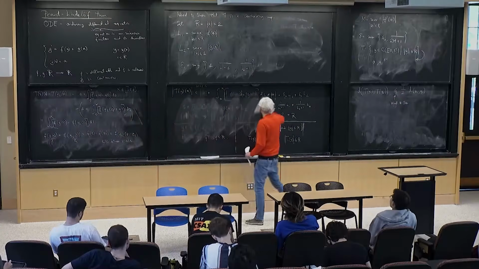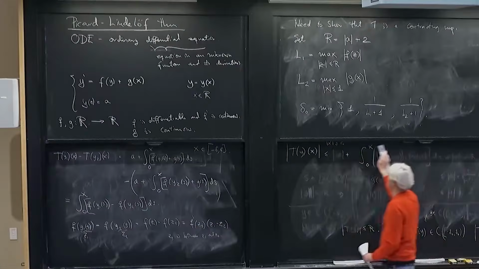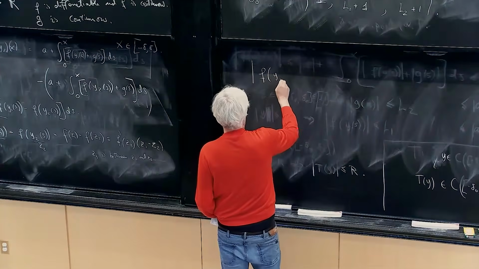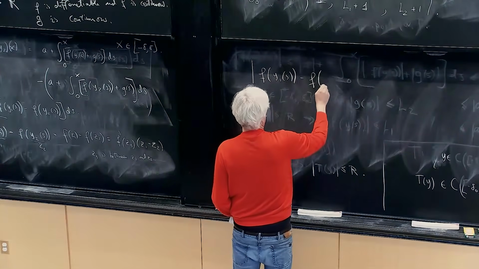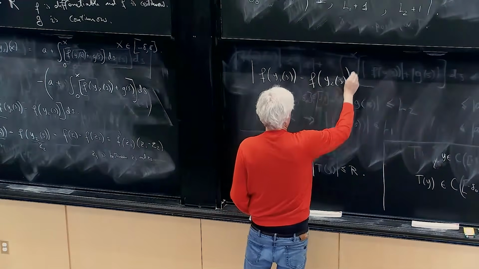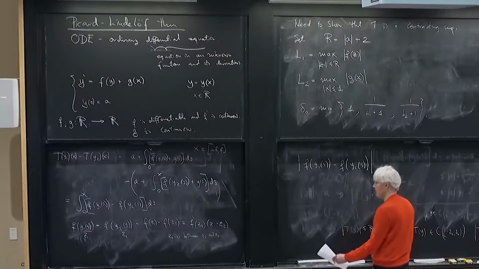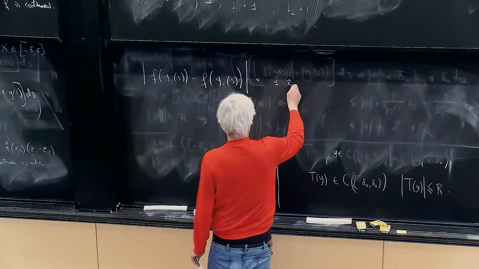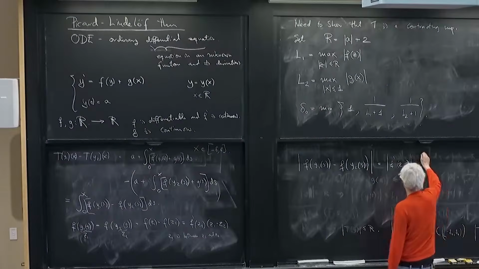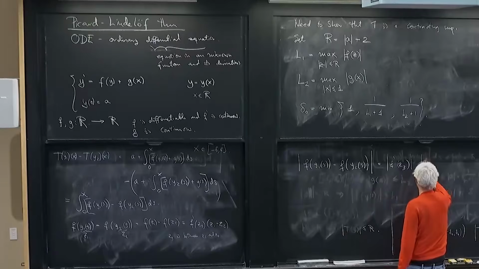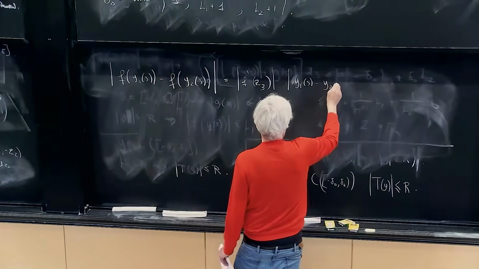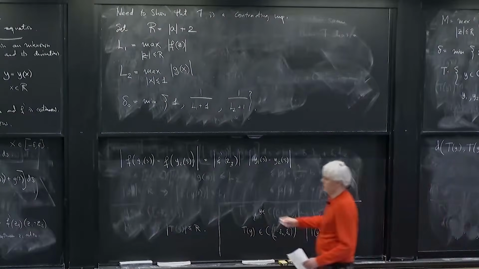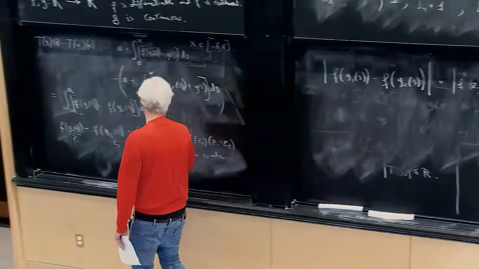Now we're almost out of time. So when you're looking at the norm of f of y1 of s minus f of y2 of s, the norm is equal to f prime at set 3 times set 1 minus set 2, which is y1 minus y2. Remember, set 3 is some point in between those two points.